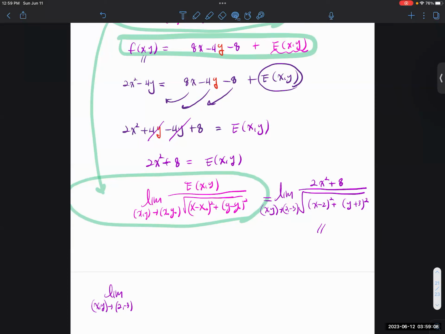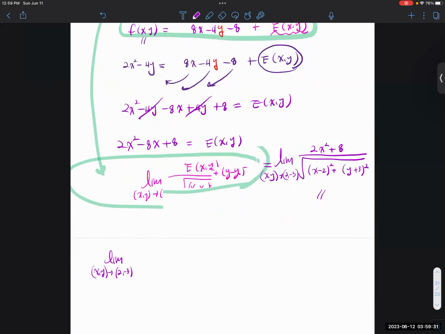So when you actually recalculate this one, where's my mistake? 2x squared minus 4y, negative 8x plus 4y plus 8 equals E(x, y). The 4y cancel, so we have 2x squared, negative x plus 8x plus 8.